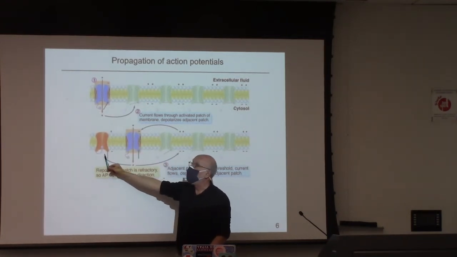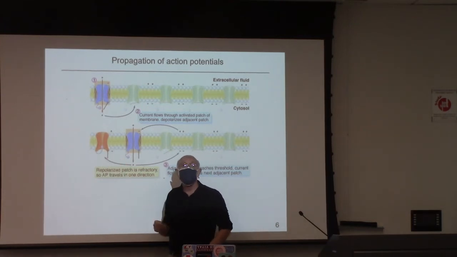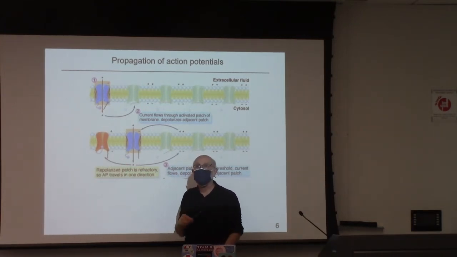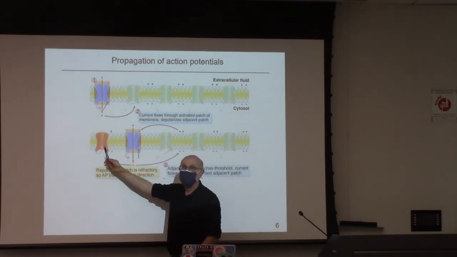And so this channel is refractory. It's resistant to opening because it is in the inactivated state. It has not yet had enough repolarization, and it has not yet had enough time to recover from inactivation.